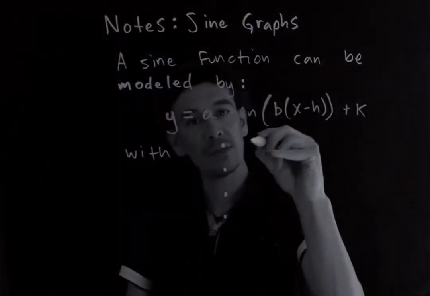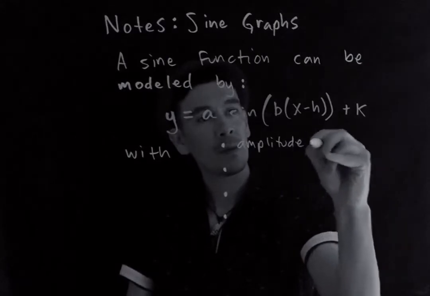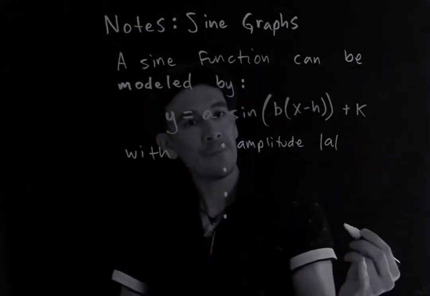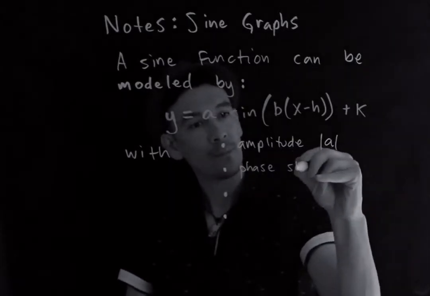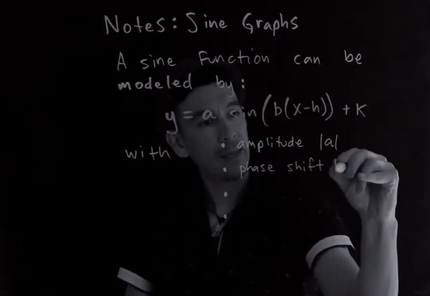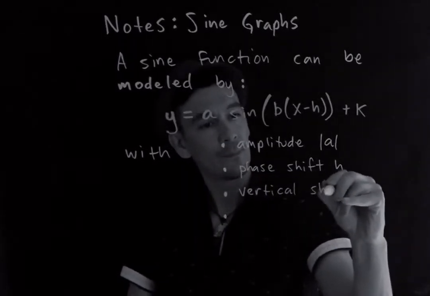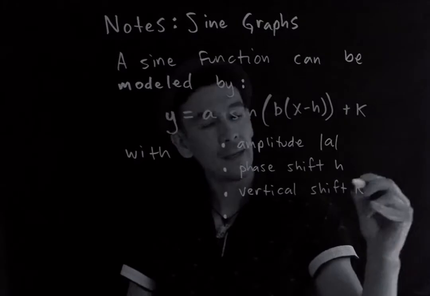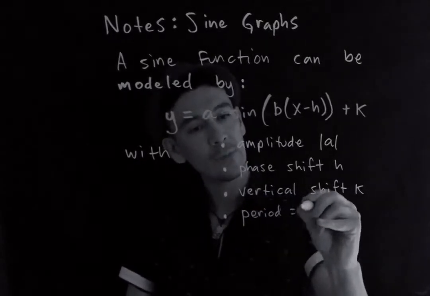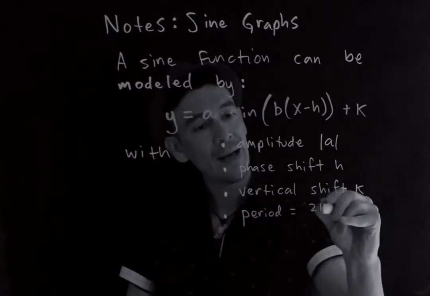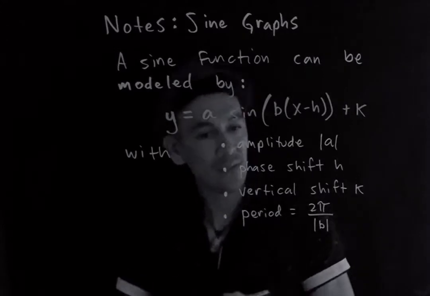And the first one is amplitude, absolute value of A. And then we have phase shift, H, vertical shift, K, and period equaling 2 pi divided by the absolute value of B.